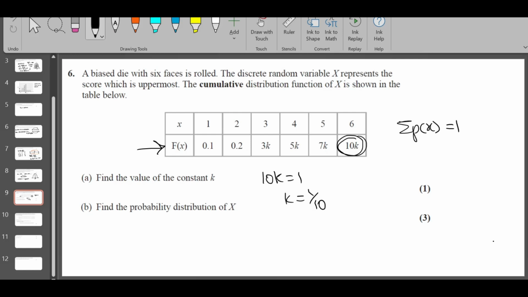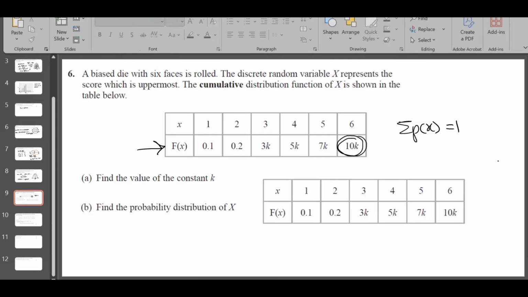Now find the probability distribution of X. I put the table here again. It's a 3 mark question. We need to find p of x. The first value, write it as it is. To find probability from cumulative, you take the corresponding cumulative minus the previous one.